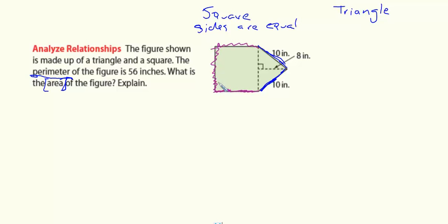Now, since I don't know the length of the sides of my square, I'm going to call that x. And up here I've written that all sides of a square are equal. So if this side is x, this side is also equal to x, and so is this side up here.